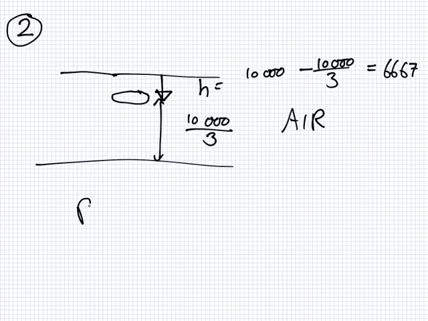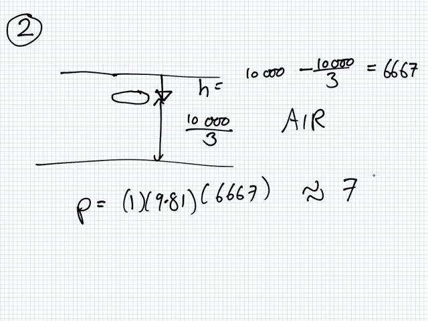So the pressure is rho g h, which is about 70 kilopascals. Compare that to what it is on ground level.